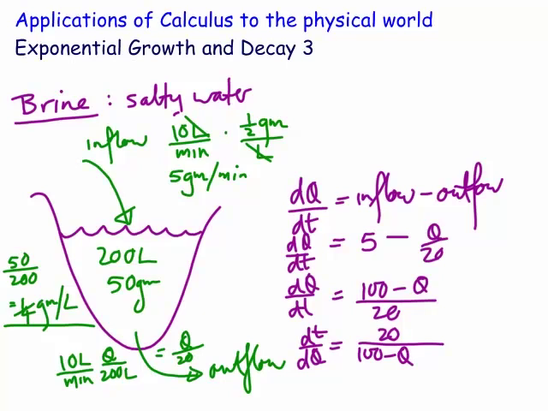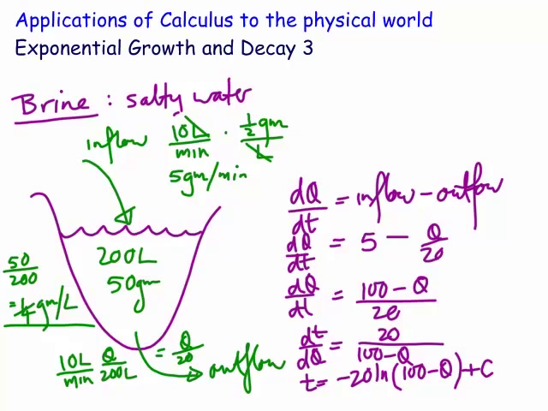You'd integrate with respect to q, and you'd end up getting what t is equal to. Now you've got to be careful here when you integrate with respect to q. You're going to get minus 20 ln of 100 minus q plus some constant of integration. Let's just call it c.